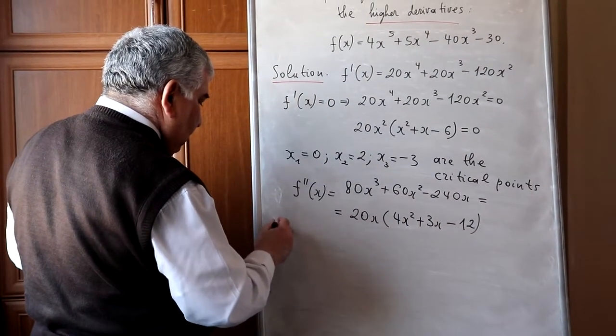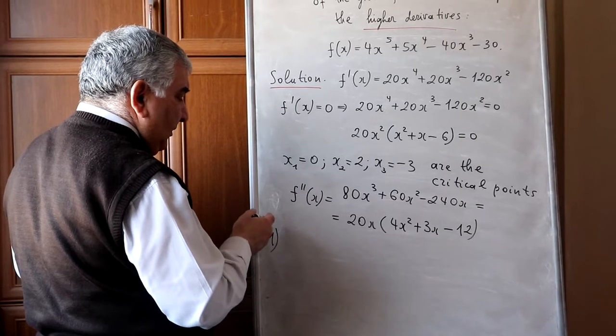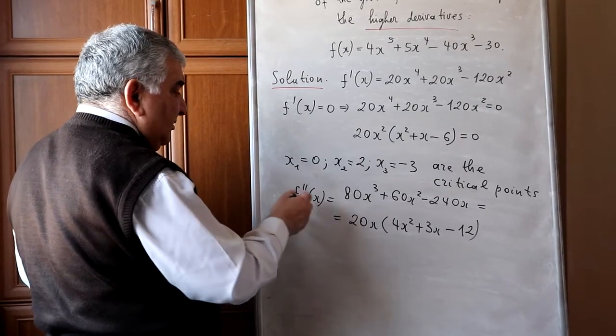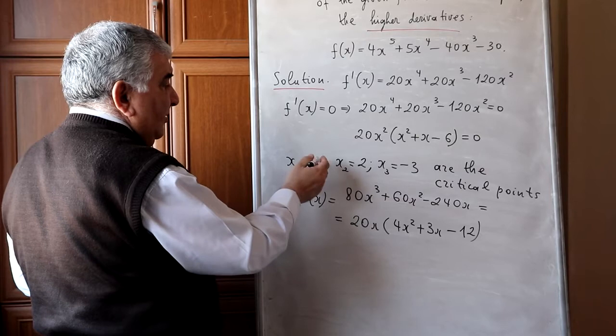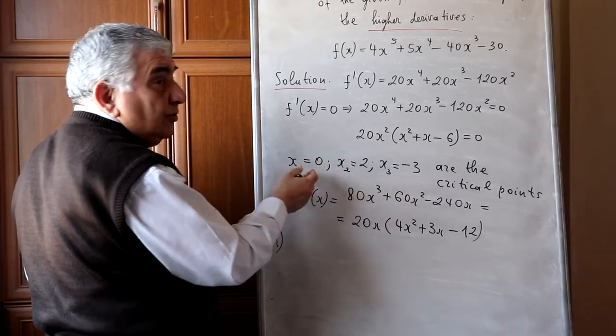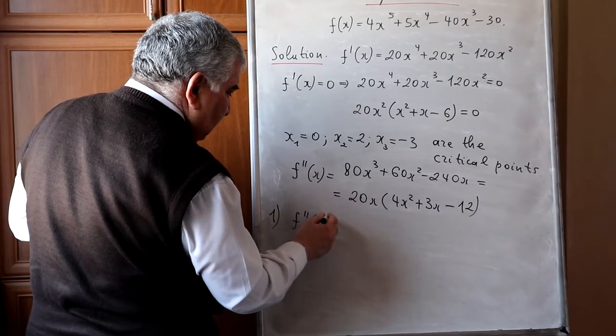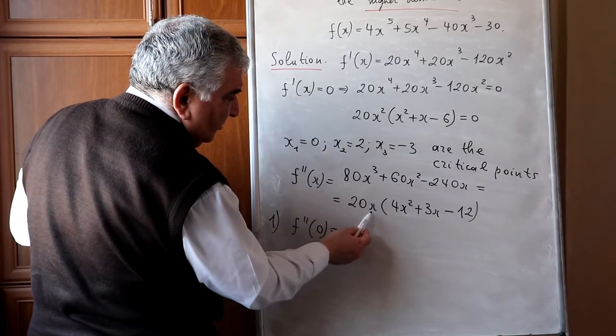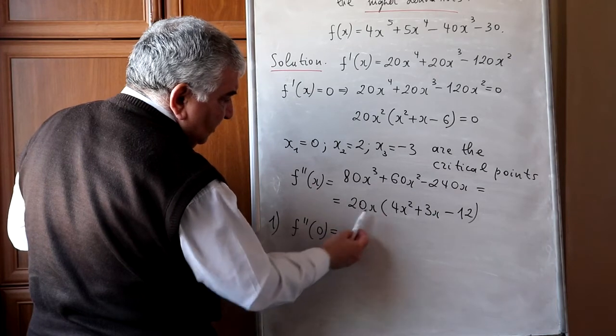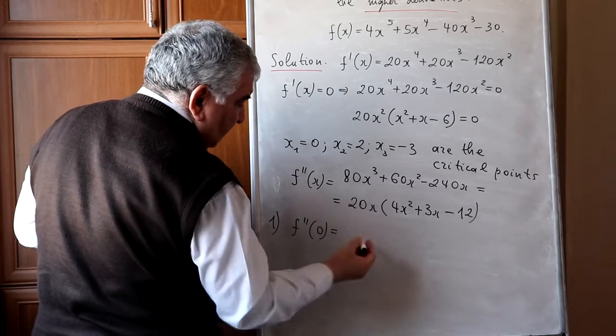First point. First, calculate the second derivative at 0, because the first point is 0. f2 prime at 0, already you know that it is 0, because if we substitute 0 instead of x, we will obtain 0.